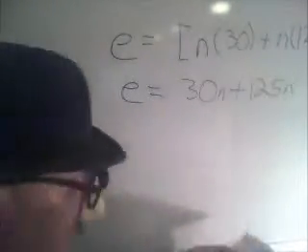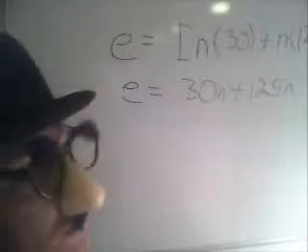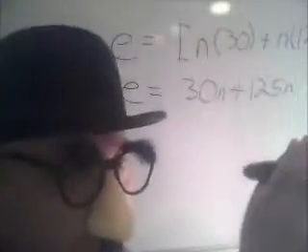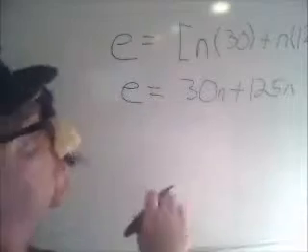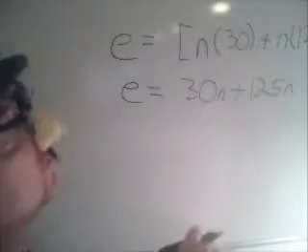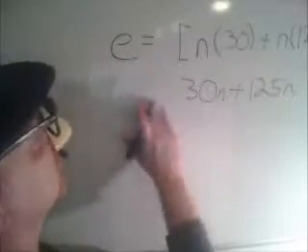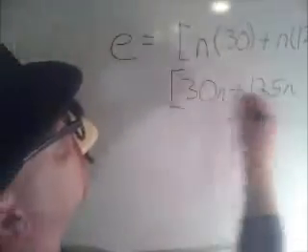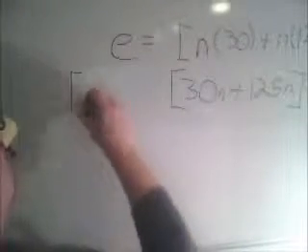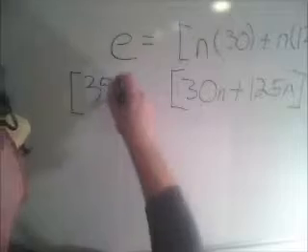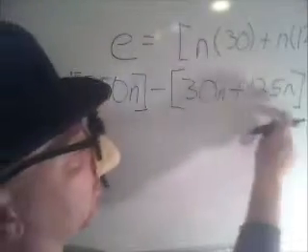Okay. Finally, it says profit for N customers. Well, that's easy at this point. You take your total revenue, which we computed in problem 1, and you subtract the total expenses. So what does that look like? It looks like this. Here we've got our total expenses. Our total revenue was 350N minus our total expenses.